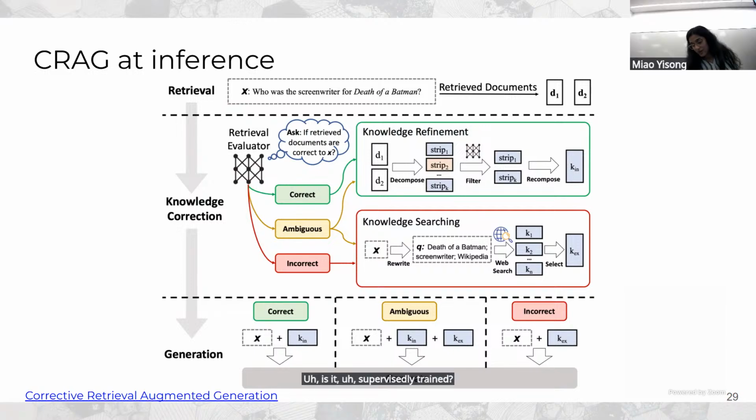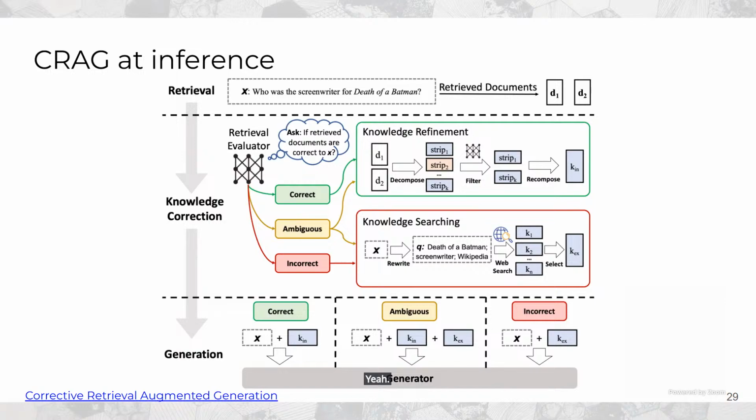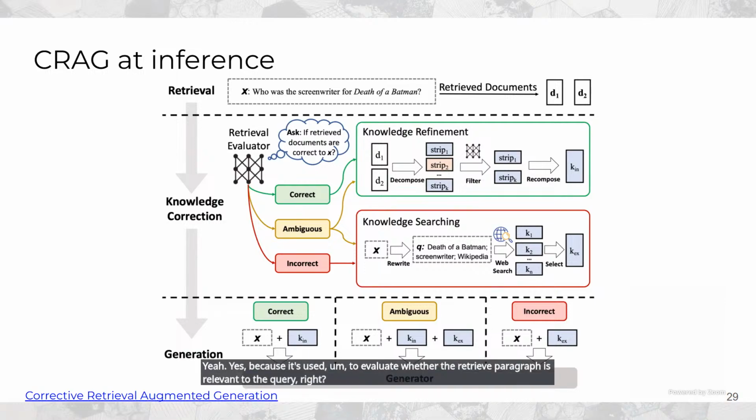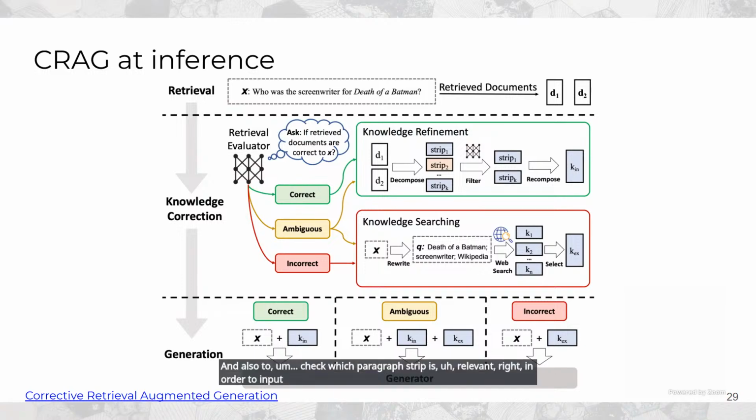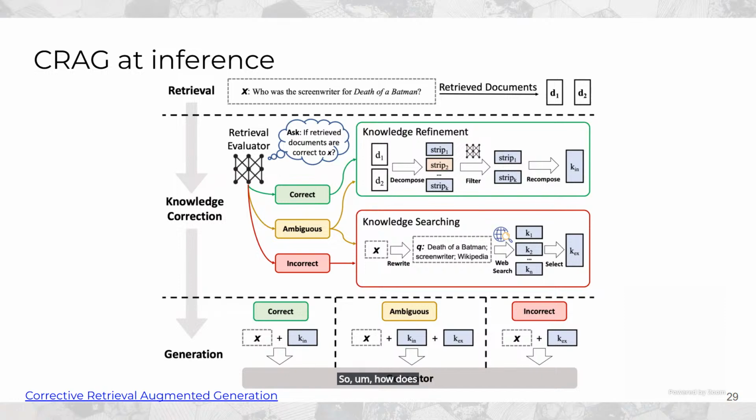It's used to evaluate whether the retrieved paragraph is relevant to the query, and also to check which paragraph strips are relevant to input to the LLM. So how does it know to produce this relevance score?